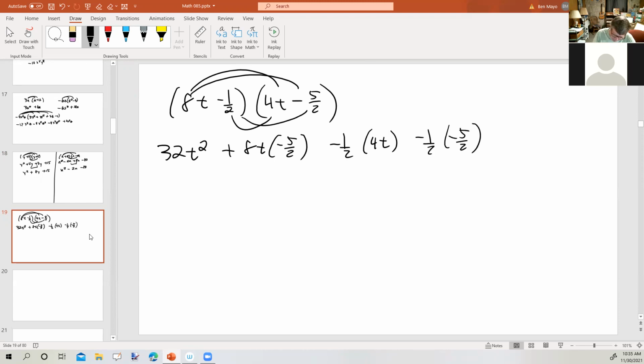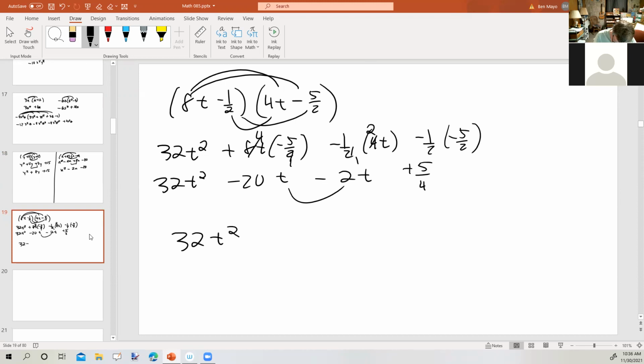Okay, so we get 32t squared. Here, the 8 and the 2 reduce to a 4 over 1, so we've got minus 20t. Here, the 4 and the 2 reduce to 2 over 1, so minus 2t. And here, nothing reduces, but we get plus 5/4. Combining like terms, 32t squared minus 22t plus 5/4.